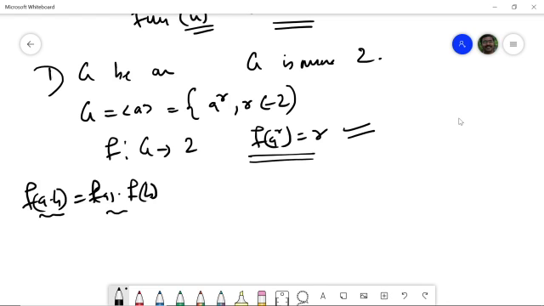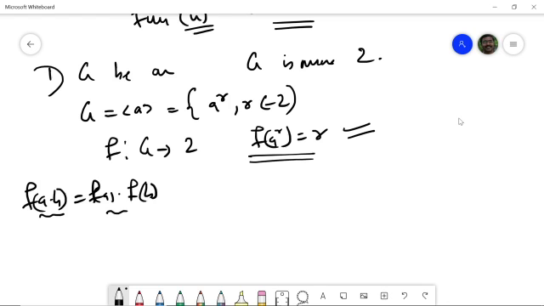As before, you can prove this is a homomorphism. How? If you take f of a raised to r times a raised to s, this is actually a raised to r plus s, so this is actually r plus s, which is addition modulo n here. This is f of a raised to r plus f of a raised to s, where the operation is addition modulo n. So this is a structure preserving map, or a homomorphism.